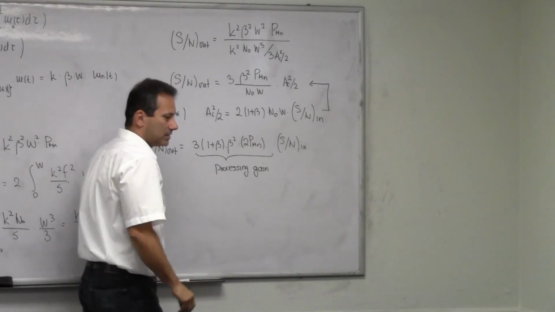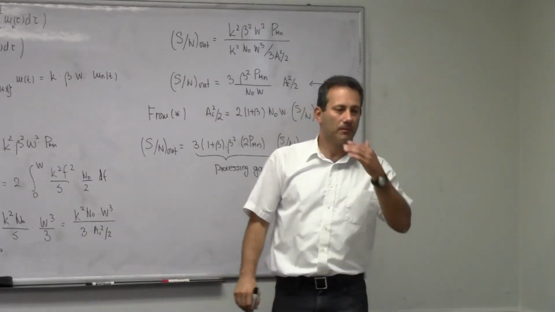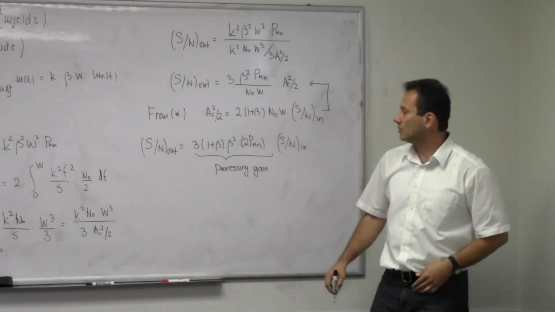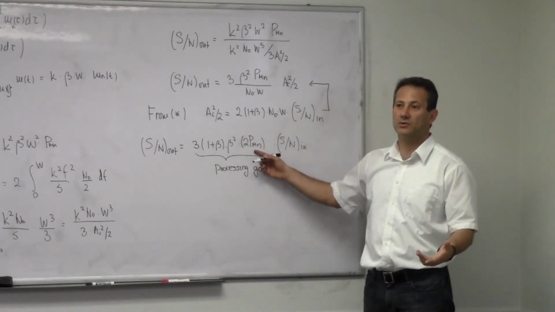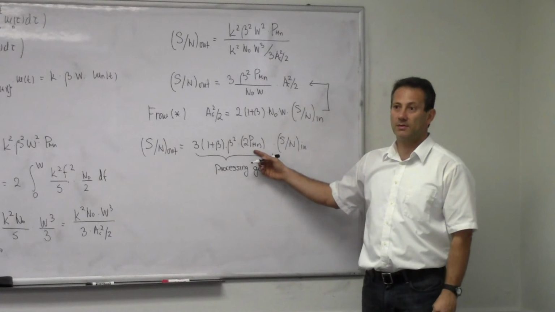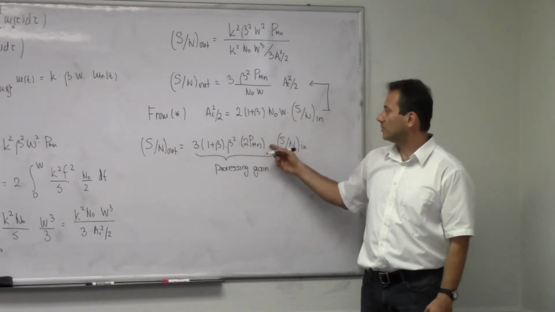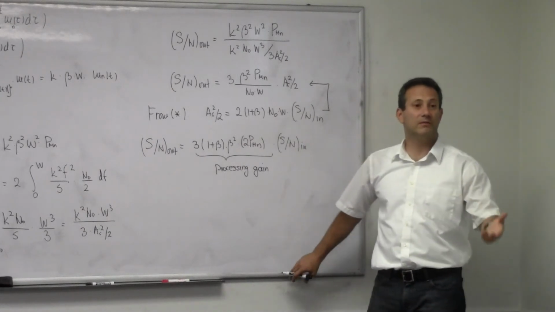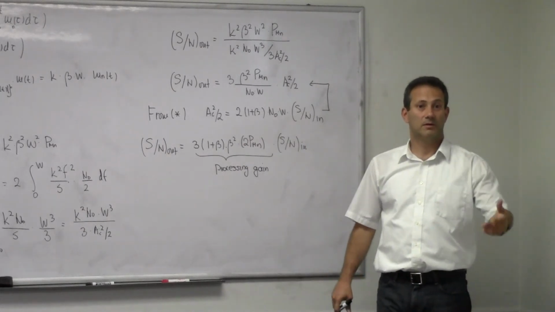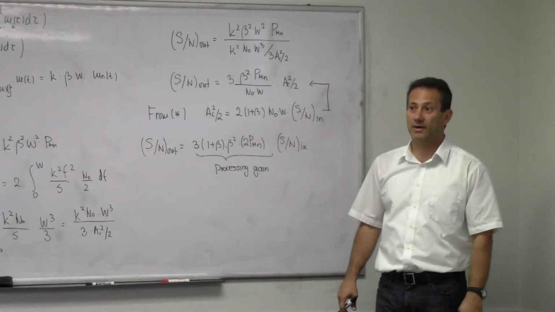Let's assume that we are modulating with a sinusoid. So what is the normalized power of the sinusoid? What's the power of a sinusoid? 1/2, right? So this is 1, okay? Let's say we use beta. What's the typical value for beta? Let's say 5, right?